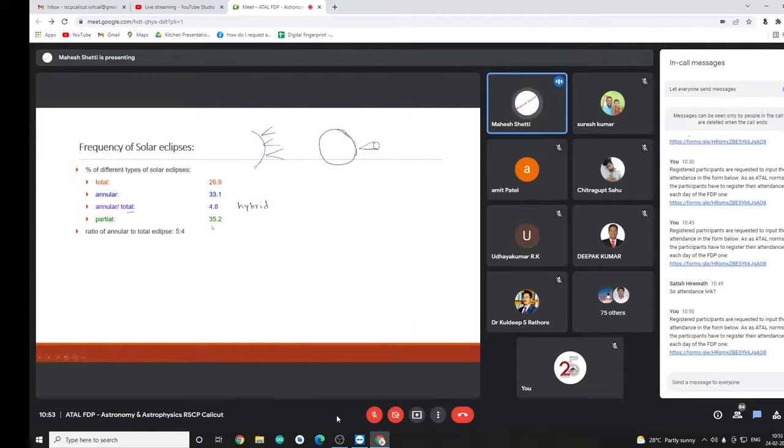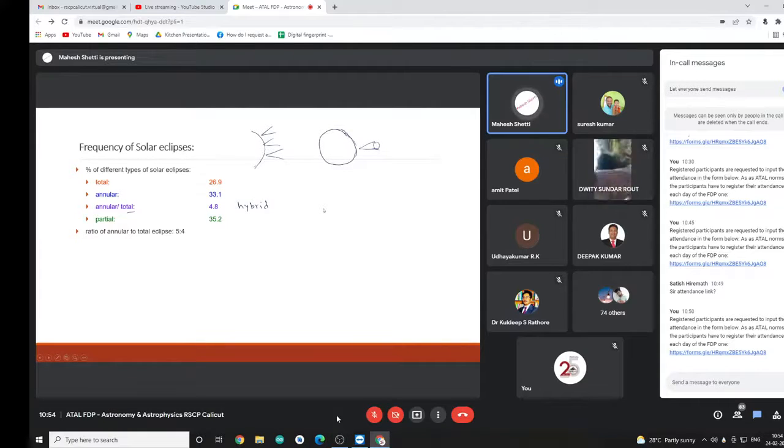So we can see that 35% of the eclipses are only partial. From no place on the earth will they be total, and the remaining total or annular eclipses are called central eclipses. Okay, they are distributed like this.